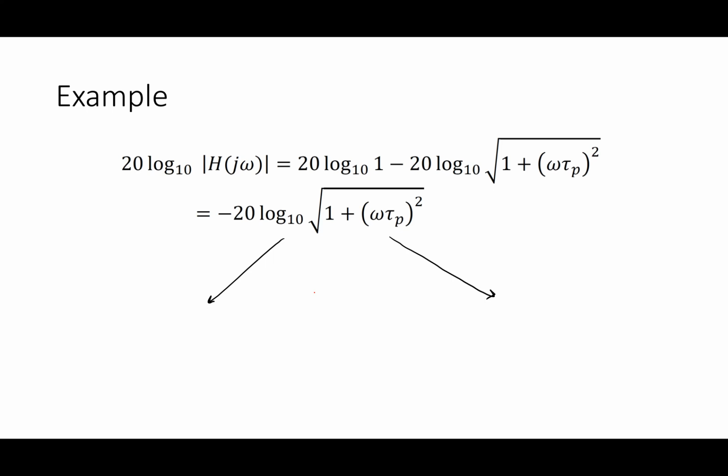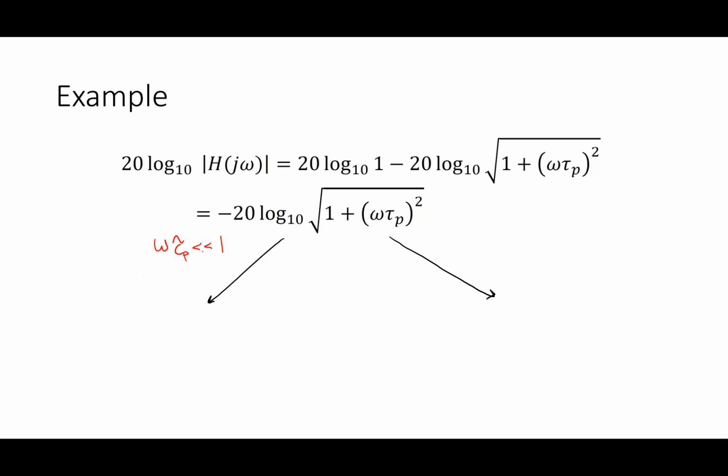Let me give you a hint. Let's look at omega tau p much less than 1. That's an engineering thing to do: two less-than signs, which means much less than. It usually means at least a factor of 100 different, maybe a factor of 10 different.